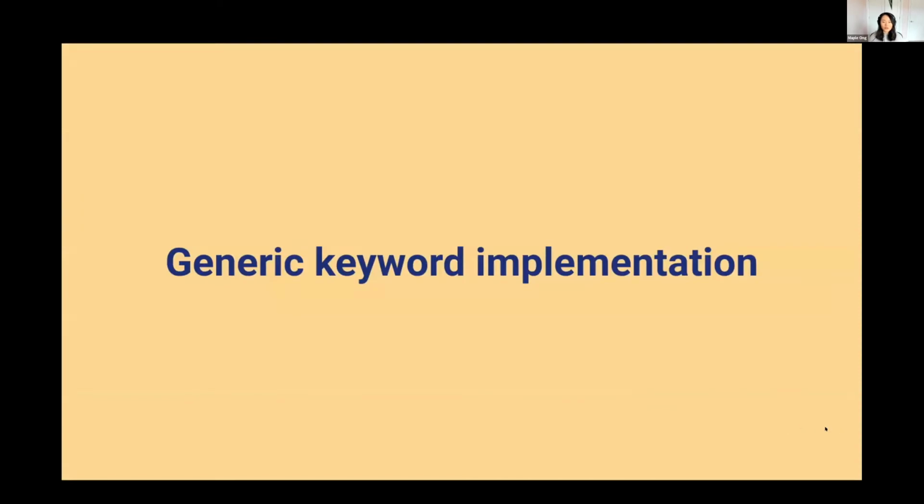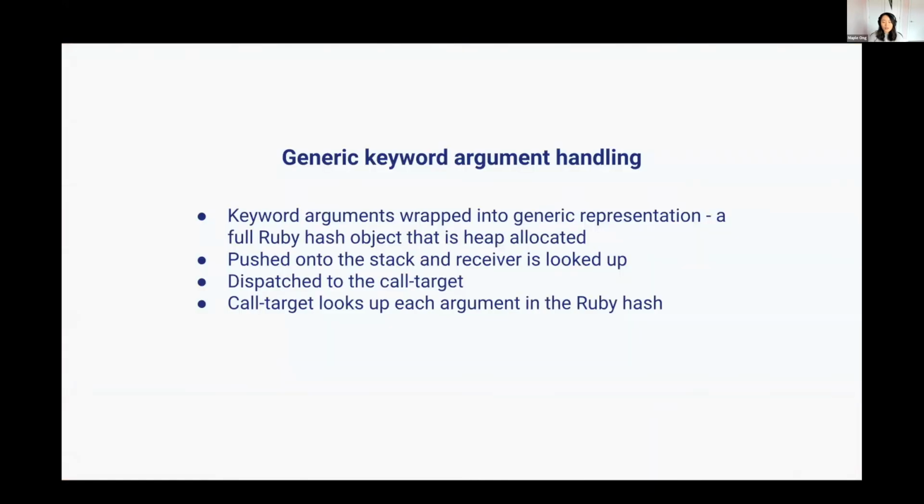So let's quickly go into how argument handling works between call site and the call target generally. So first, arguments are converted to the generic representation compatible with all call targets. In Ruby, the arguments are placed in a Ruby hash object that is heap allocated. Next, the arguments are pushed onto the stack and then the receiver is looked up.